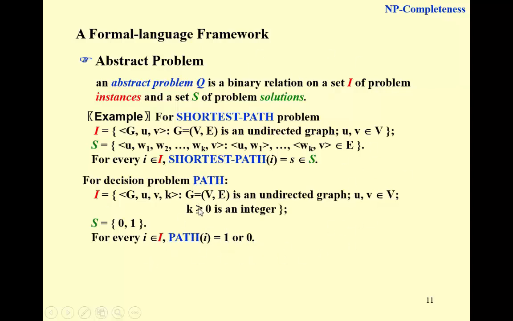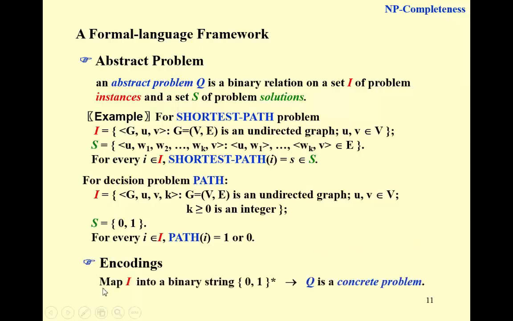The concrete problems is obtained from encoding. Encoding means to map abstract objects to binary strings so that our computer program can handle. If we can map the instance set I into a binary string, which means if the input can be understood by our computer, then we call the problem a concrete problem.